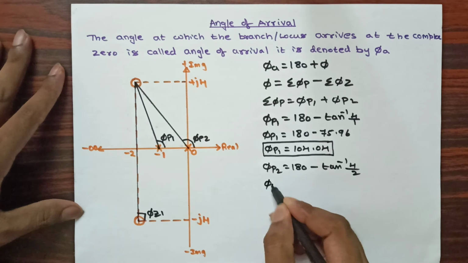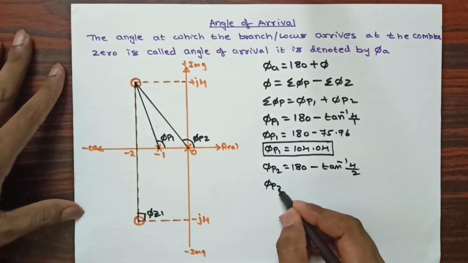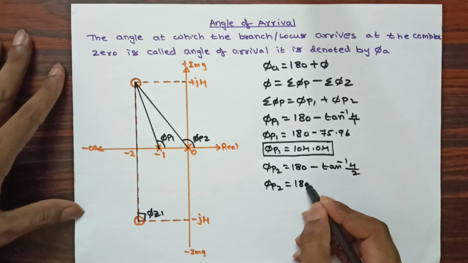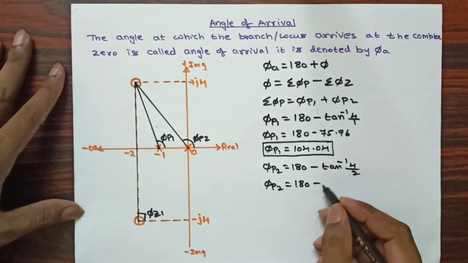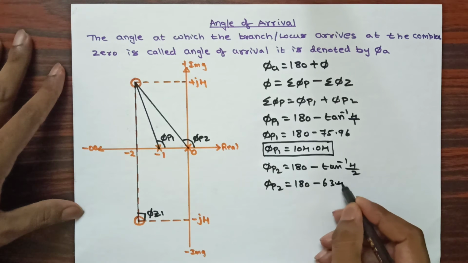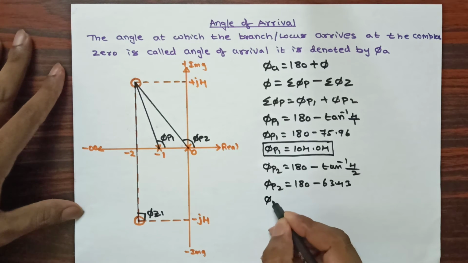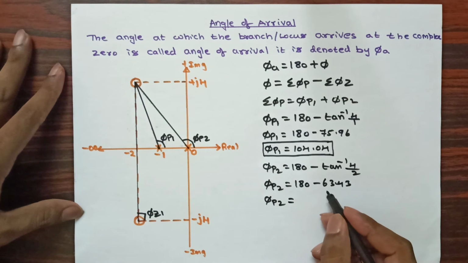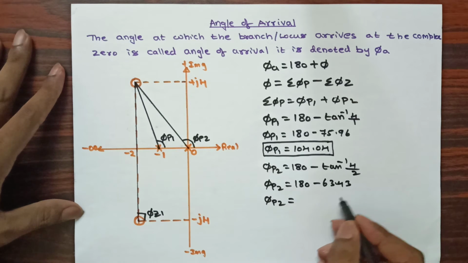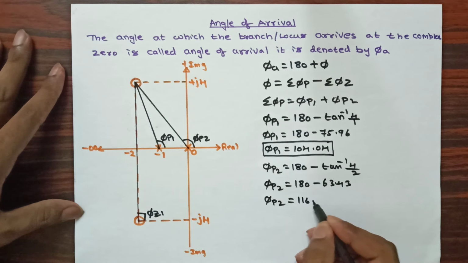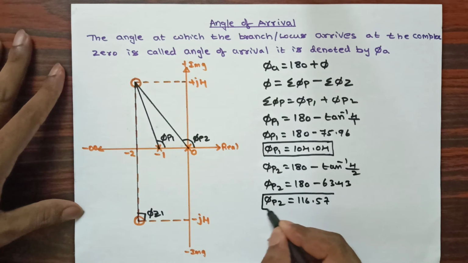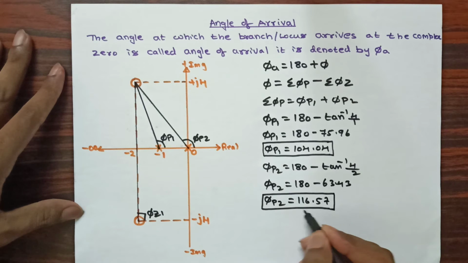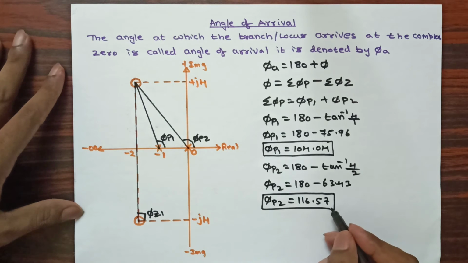This will be equivalent to phi p2 is equivalent to 180 minus tan inverse of 2 is, we are getting 63.43. Therefore phi p2 is equivalent to 180 minus 63.43 is 116.57. So I got the second pole angle, that is phi p2 is equivalent to 116.57.